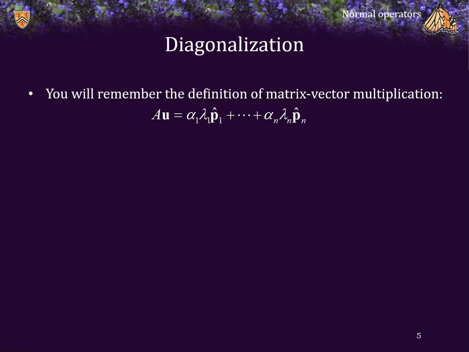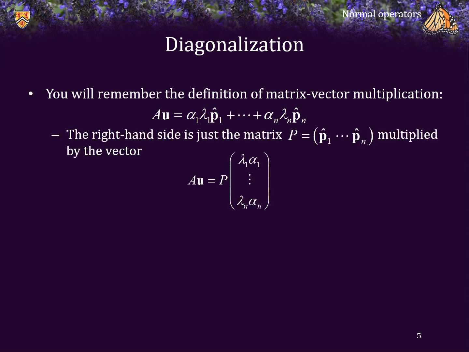You will remember the definition of matrix vector multiplication, and looking at this, the right-hand side is simply a linear combination of the eigenvectors. All right, the right-hand side is actually just the matrix P, which is the eigenvectors, multiplied by a vector that is simply the scalar multiples lambda 1 times alpha 1, lambda 2 alpha 2, etc. up until lambda n times alpha n.